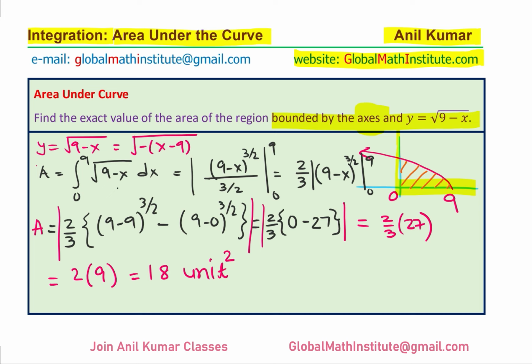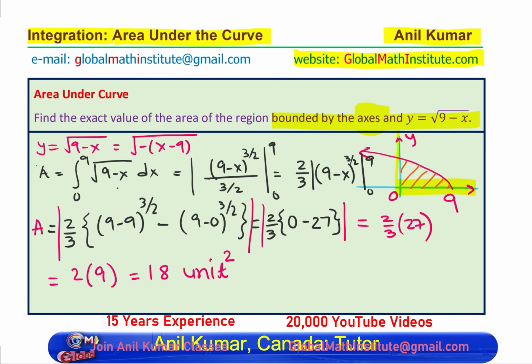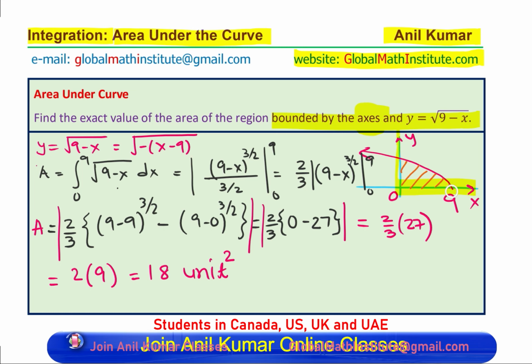So a couple of important things. One, to understand that we are talking about x and y axes. And that area, when you calculate, comes out negative, right? It is clearly negative, right? At 9 the value is 0, and at this point you have a much higher value, correct? Okay, so definitely area is always absolute value.